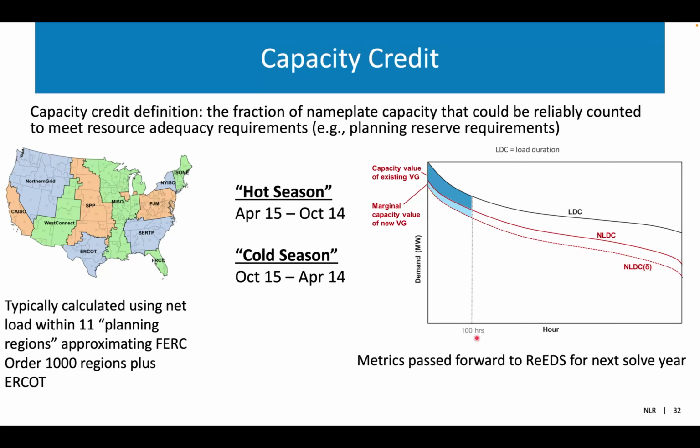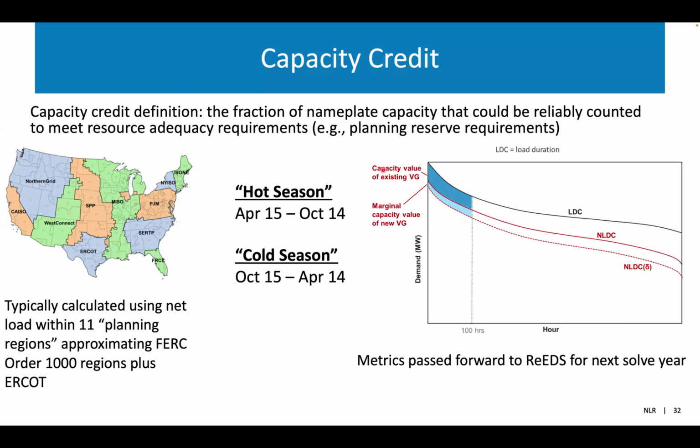The model will then take the 100 hours of highest load and calculate this dark blue area between the LDC and NLDC. This would represent the capacity value of existing variable resources. And the light blue area is also calculated between the NLDC and NLDC delta. This would represent the marginal capacity value.